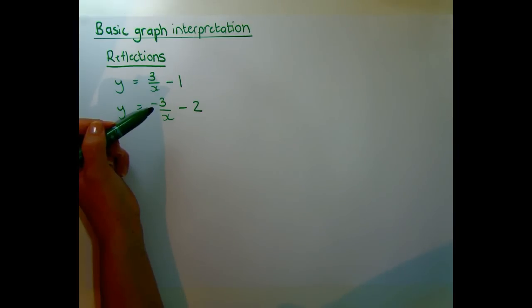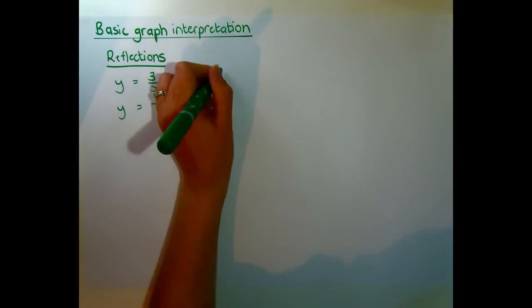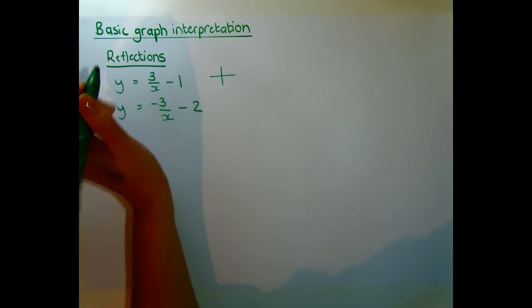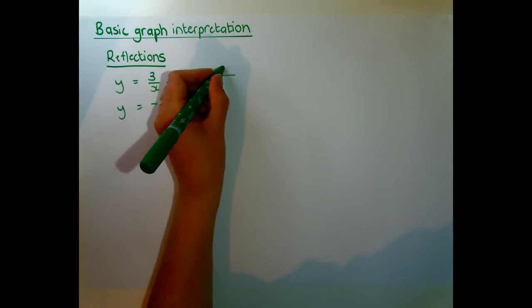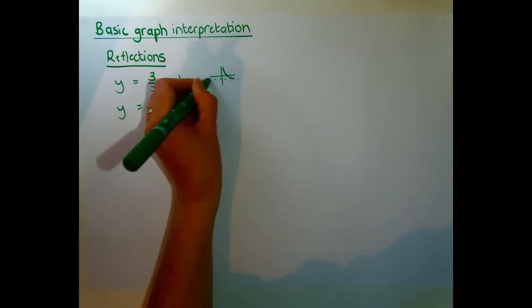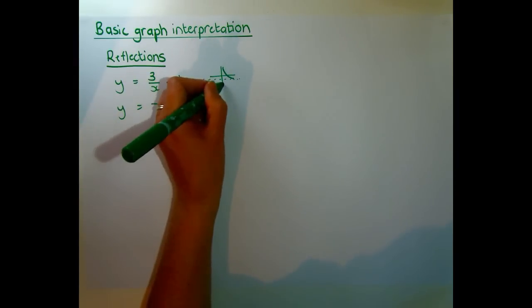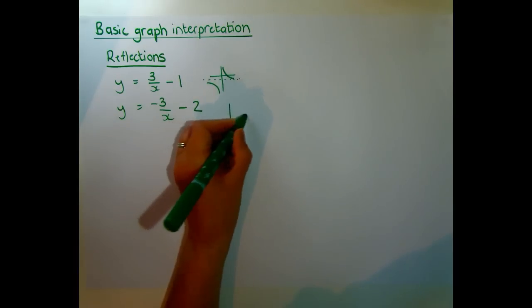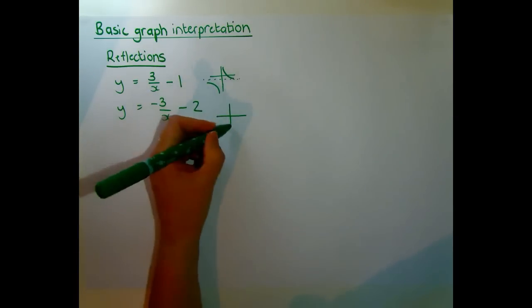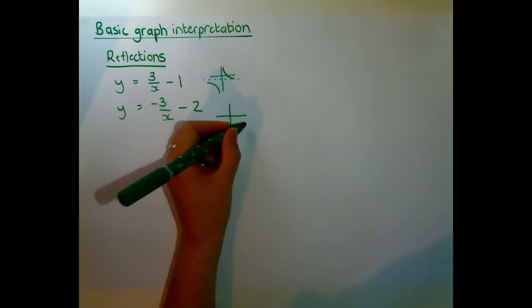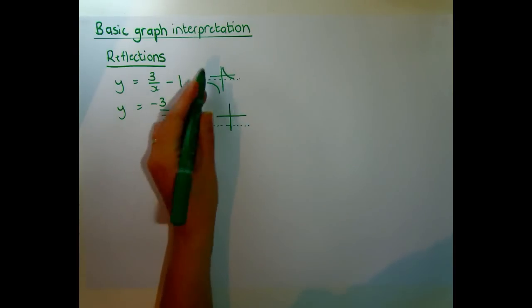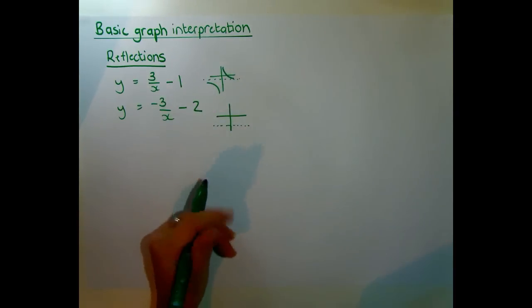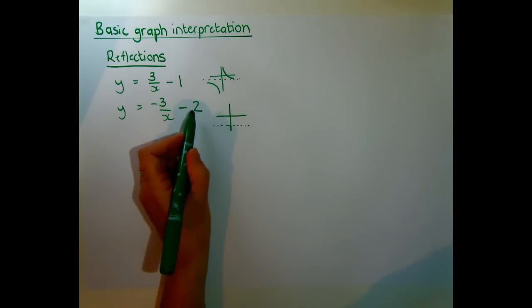So what once was this graph over here would have been there, and it would have had an asymptote there of negative 1 and that part there. What's happened with this one is now it's gone the other way around. So this graph is going to have a negative 2, so that's going to be further down, so the whole thing is going to shift down because of the q value changing.